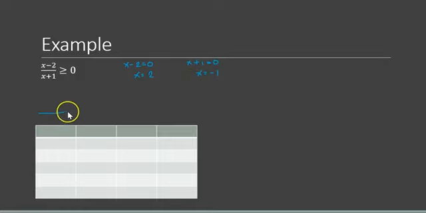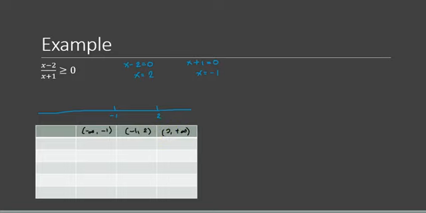If we plot that on a real number line, we have the smaller number, negative 1, and the bigger number, 2. Then we make the intervals: negative infinity to negative 1, negative 1 to 2, and 2 to positive infinity.